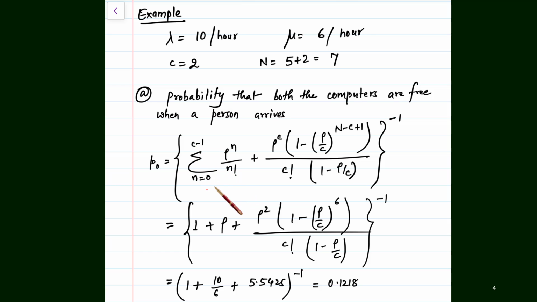For n equal to 0, rho to the power 0 by 0 factorial is 1, plus when n is equal to 1, rho to the power 1 by 1 factorial, that is rho only, and then put the value of c equal to 2 and n equal to 7. Just by putting it there, rho is equal to lambda by mu, 10 by 6. So we got the probability that both computers are free is 12%.